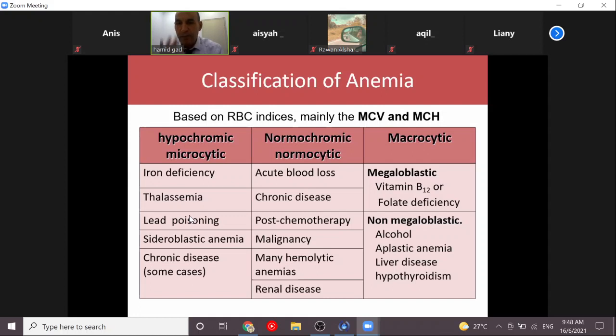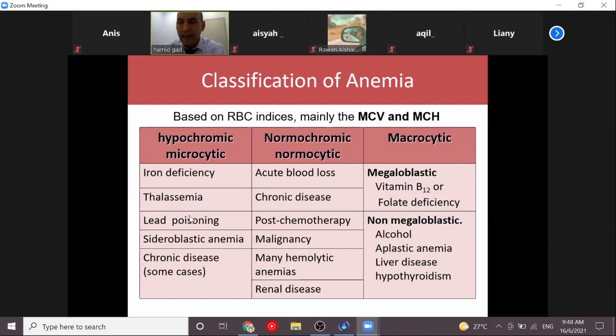The third step, step number 3, you look for MCH. MCH is mean corpuscular hemoglobin, which means the amount of hemoglobin inside a single red blood cell. Again, we have a normal range, from 27 to 32.